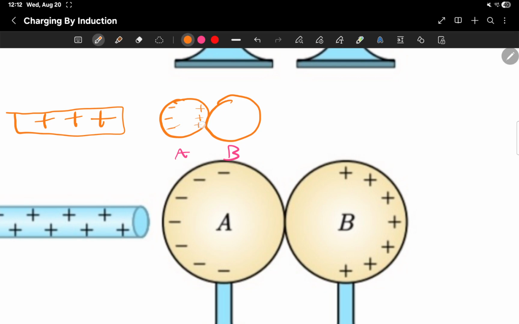positive charges. So now the sphere here is still neutral if you account for the net total charge. Three negative charges, three positive charges, but overall it's still neutral.